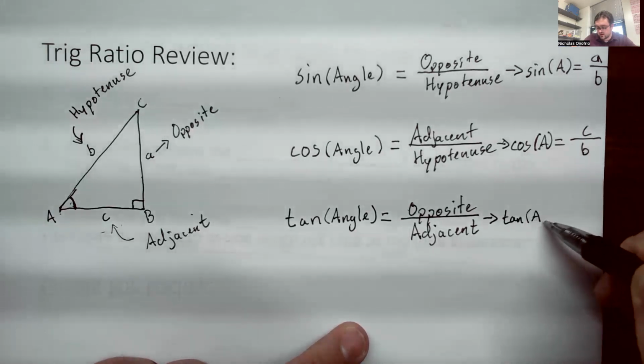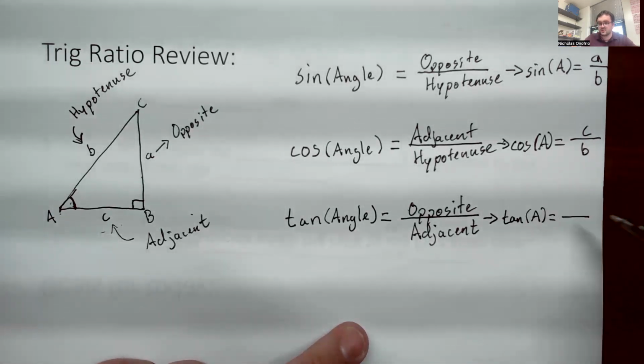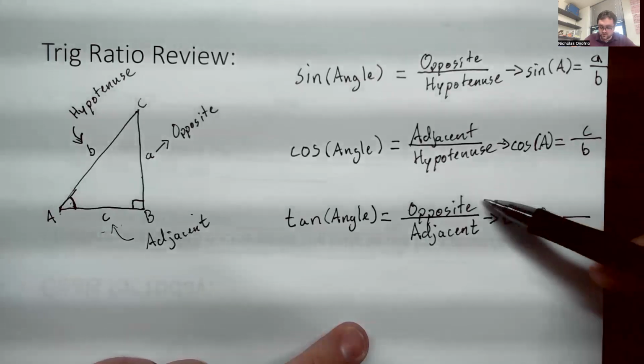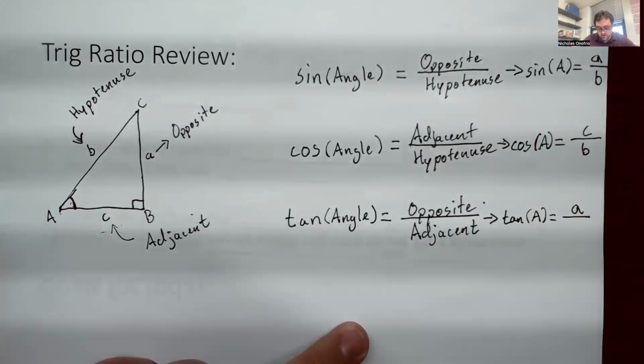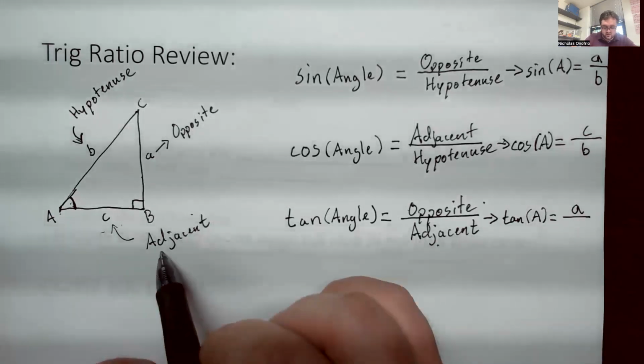Tangent of A equals our opposite side, A, divided by our adjacent side, C.